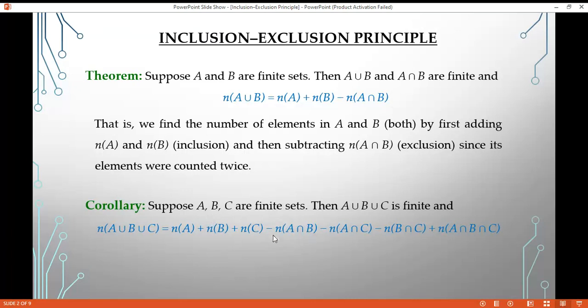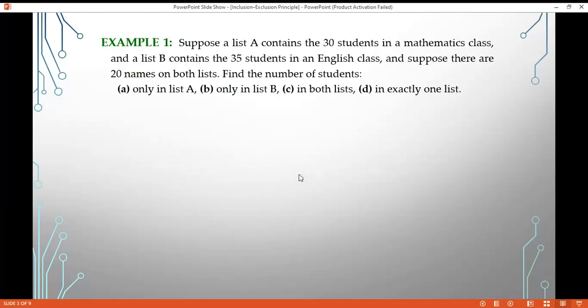So that is number of A intersection B, subtracting number of A intersection C, and subtracting number of B intersection C. Now we add the number of the common elements of all three, that is A intersection B intersection C. So this is our inclusion exclusion principle. Clear? Okay, now let's take the examples here.